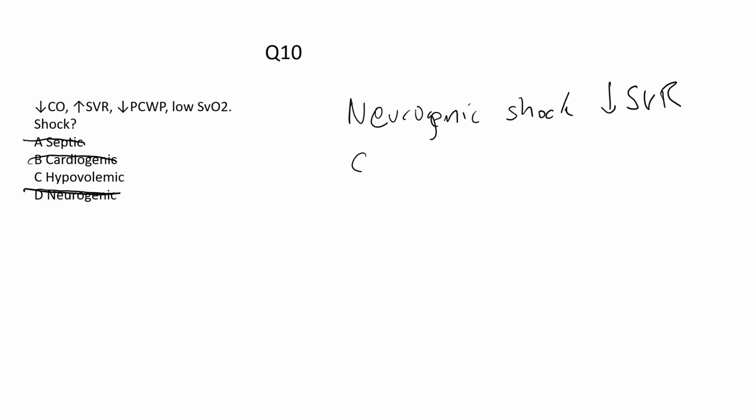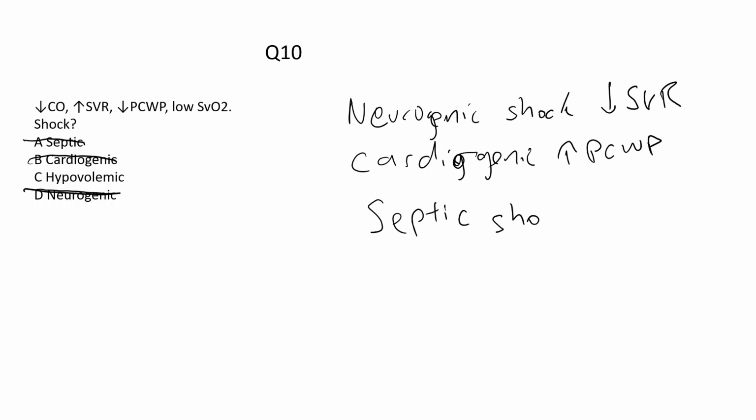In cardiogenic shock, you'll have an increased preload, right? And in septic shock, you will have an increased SvO2. So the only one that makes sense is choice C.